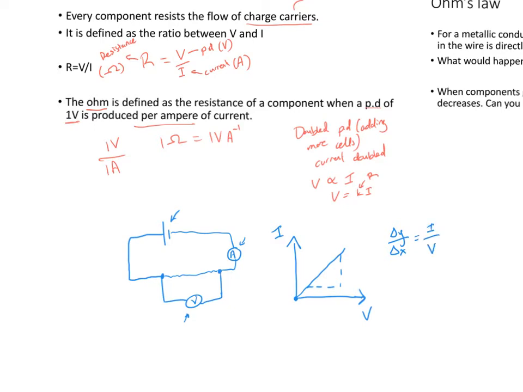We know that the resistance is V over I, so the gradient, in other words, will be 1 over R, because you have to rearrange the equation. If I compare what the gradient gives me in terms of the axis labels and what the equation gives me, I can link it together to get the gradient in terms of R.